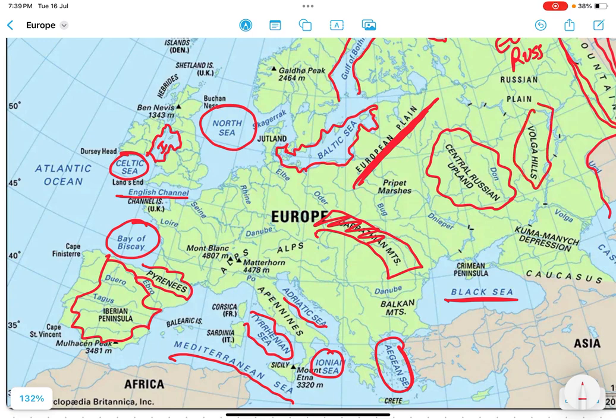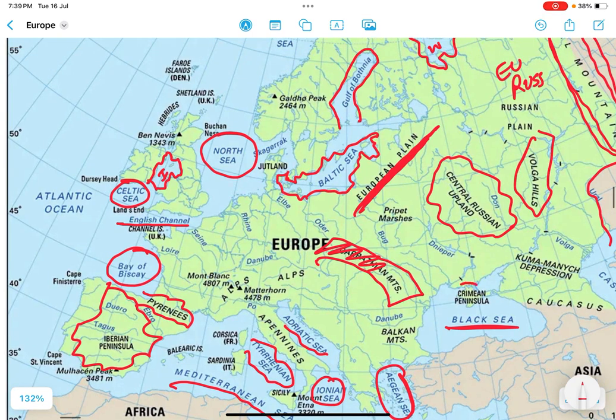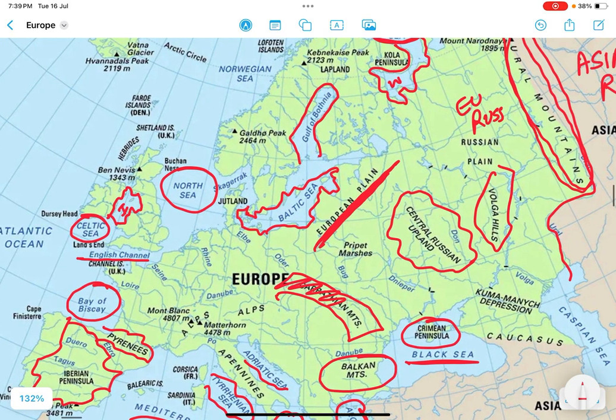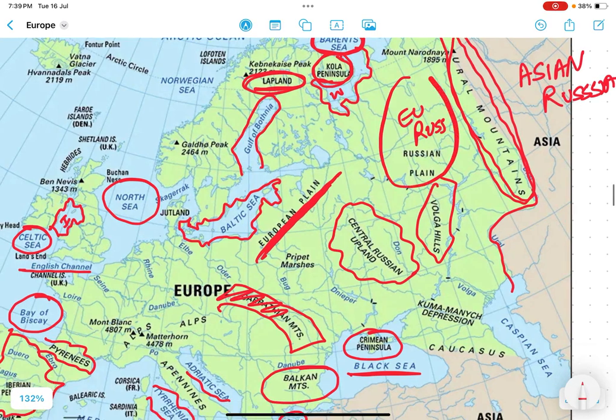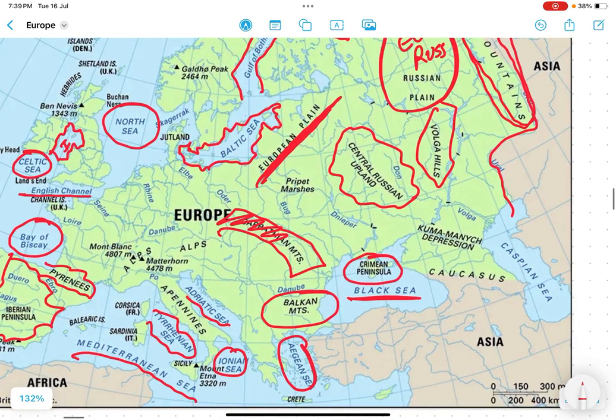These are the Volga hills. This is called the Crimean Peninsula, the Crimea. These are the Balkan mountains right here. This region is called Lapland. This is called Kola Peninsula. Remember, with White Sea. And these regions are Russian plains. This is called Caucasus, right?